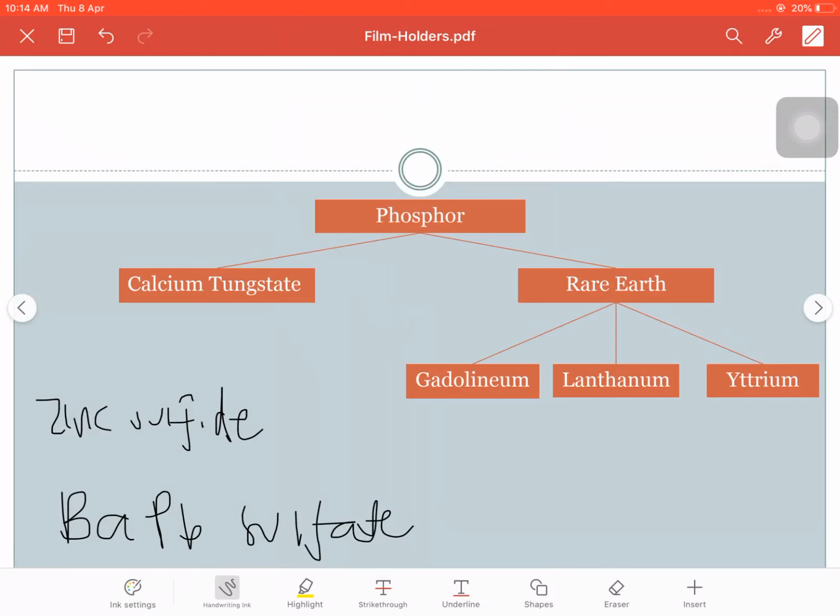These three rare earth crystals have a higher atomic number, so they absorb most of the X-rays. As the crystals absorb most of the X-rays, they will emit light.